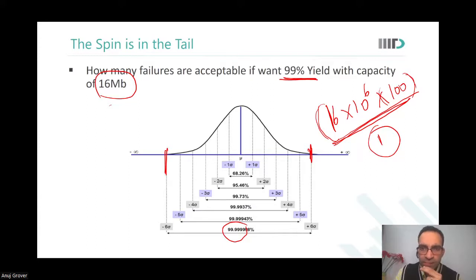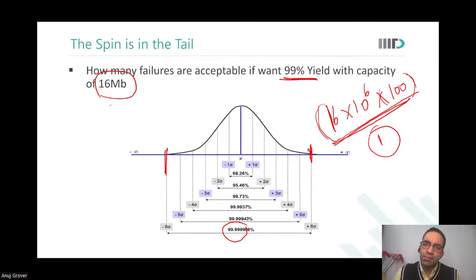I have one megabit memory capacity on the chip. On one chip, how many memory cells do I have? 1 into 10 to the power 6, on one chip.